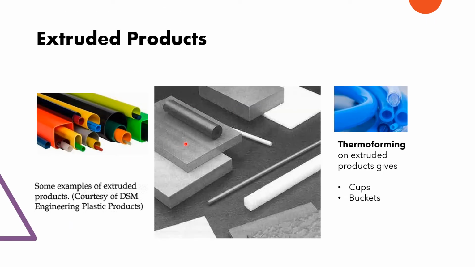So here are some examples of your extruded products. This is from the textbook, that's from the internet. So you can get cups and buckets and things like that as well. Not in this, so this only shows some pipes here. Not in this picture. You can Google it and it will come out.